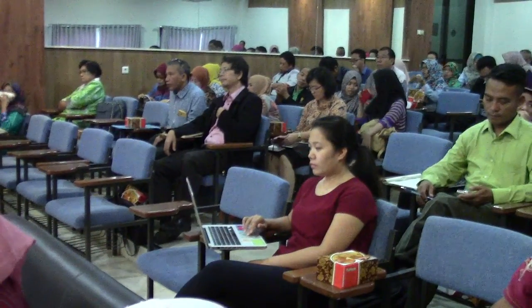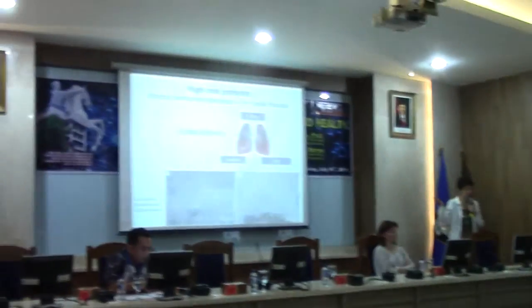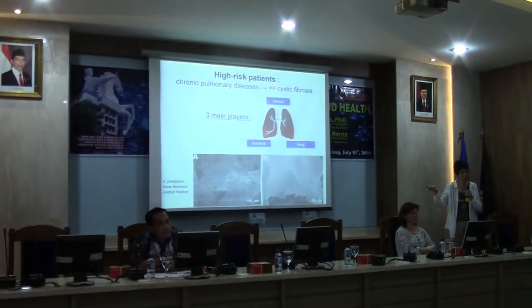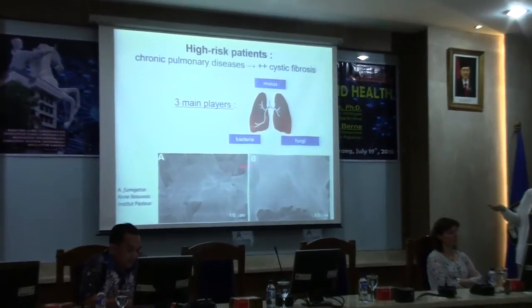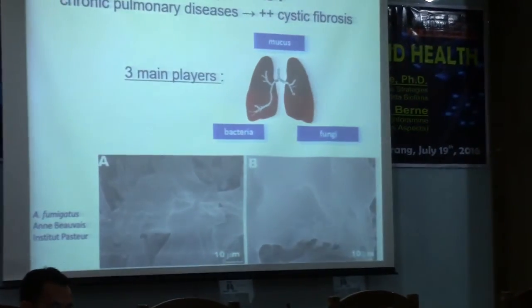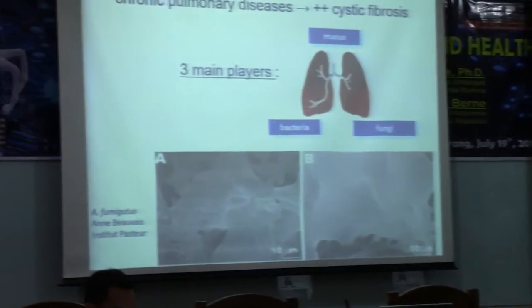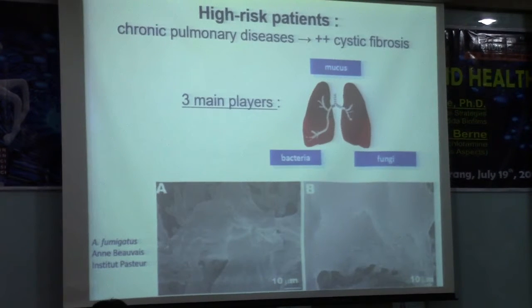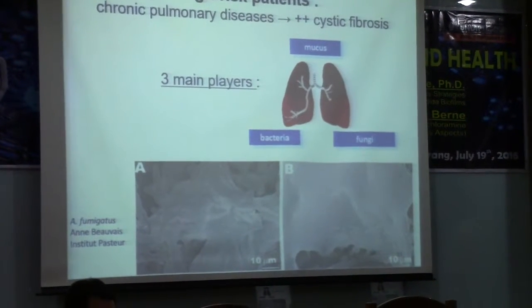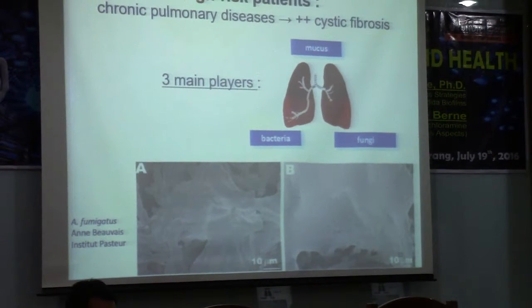You can see here some beautiful pictures of Aspergillus biofilms, single-species biofilms obtained in vitro. These pictures have been made by my colleague Anne Bouvet, who studies Aspergillus at the Pasteur Institute in Paris. So she's doing beautiful pictures.